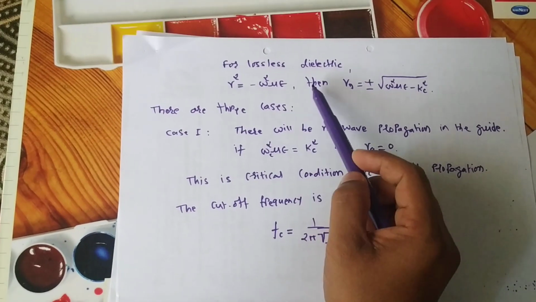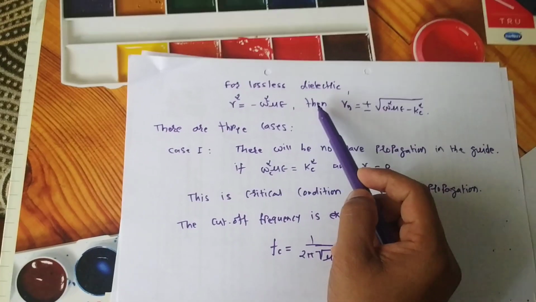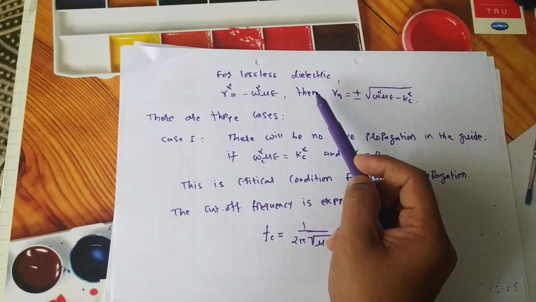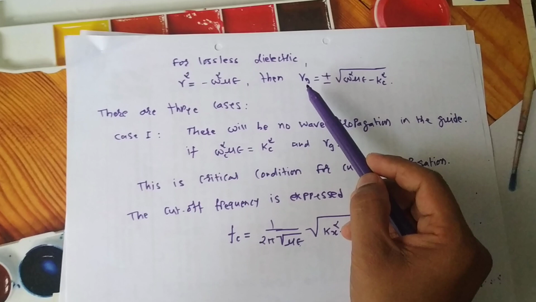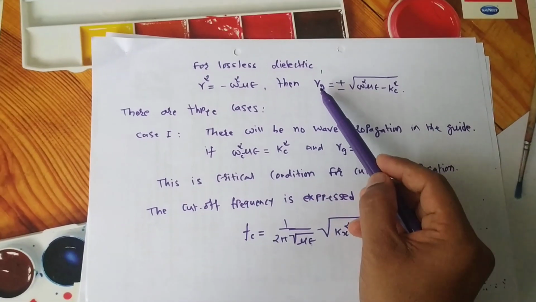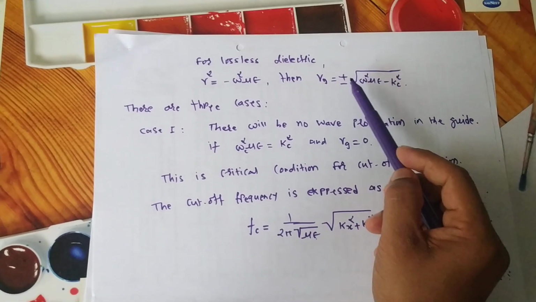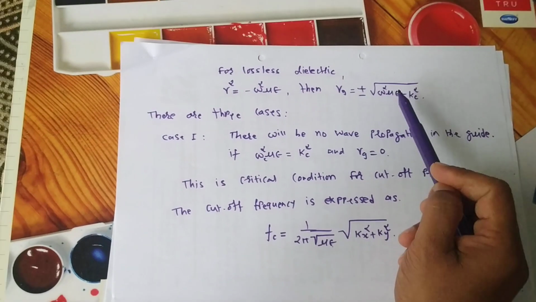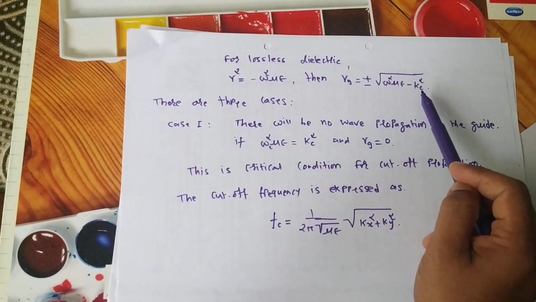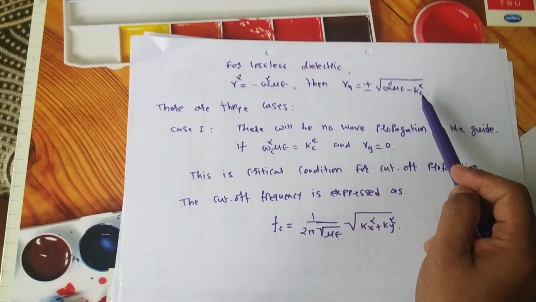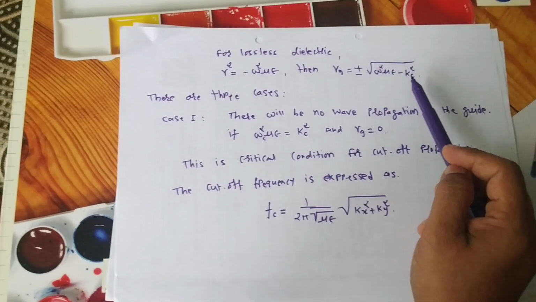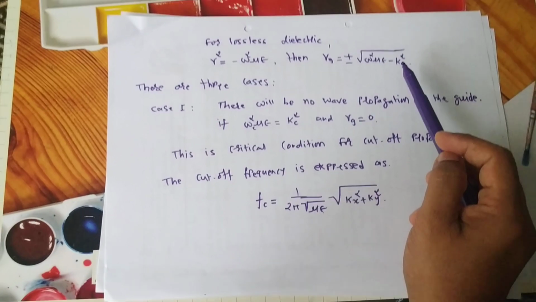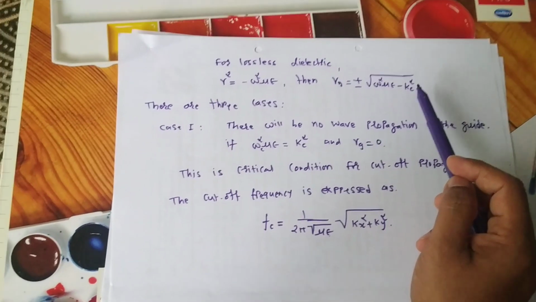But for this case, the propagation constant is not gamma but gamma g. So gamma g will become plus or minus the square root of omega square mu epsilon minus kc square. Now let us discuss the three cases of when the wave is actually propagating in the guide.